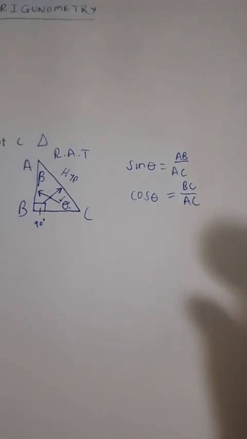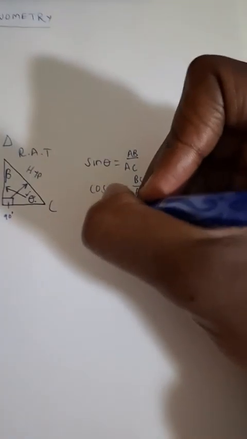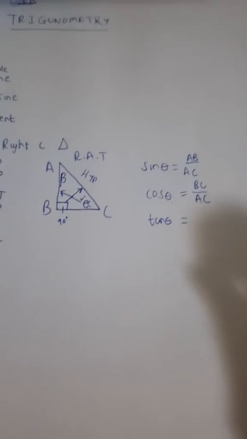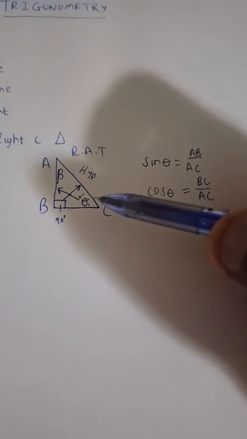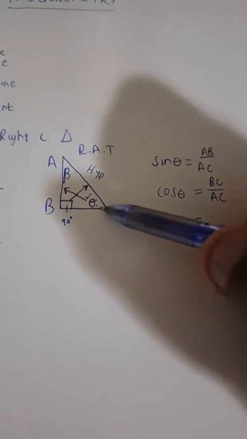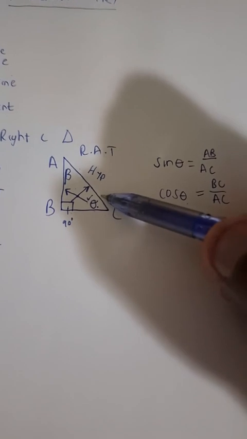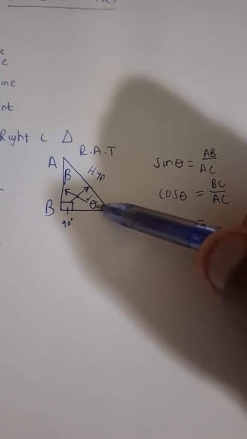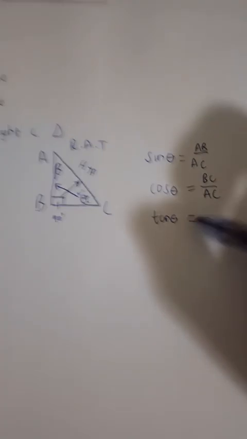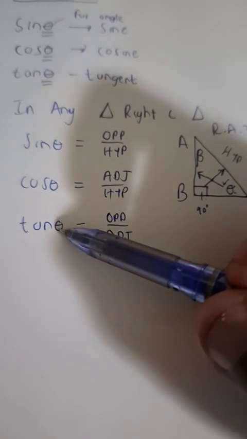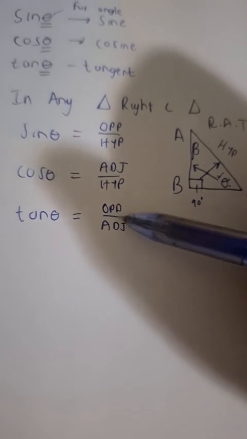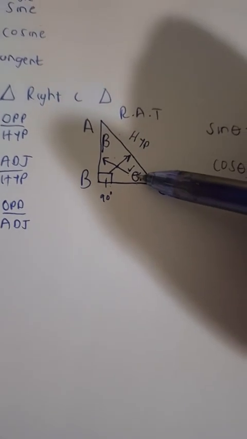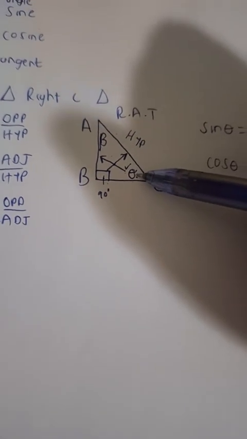All right. Then what about tan theta? Tan theta, on the other hand, guys, theta again is the angle that is here. That is the angle theta. Now, by definition, what is tan theta? Tan theta is equal to the opposite side over the adjacent side. What side is opposite theta?